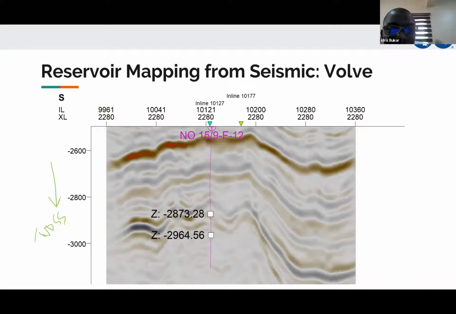There's the top Hugin, there's the top Sleipner, there's the top Shetland group. There are so many horizons to map out. And you probably see a strong expression on one of them, and then the rest are just horizons that are faint. And you now have to depend on your wells.